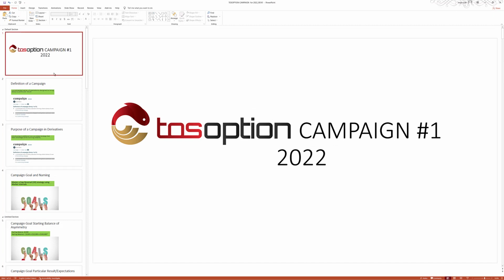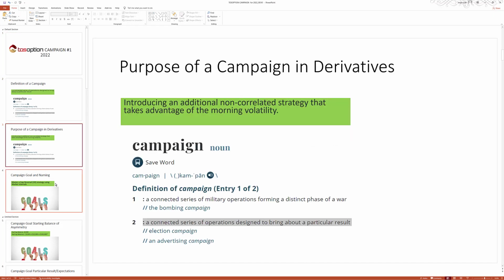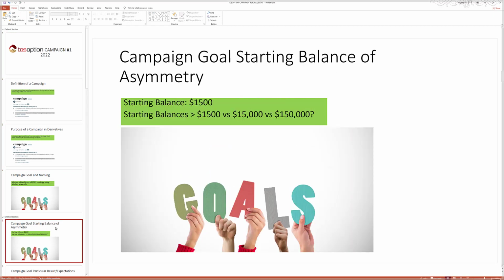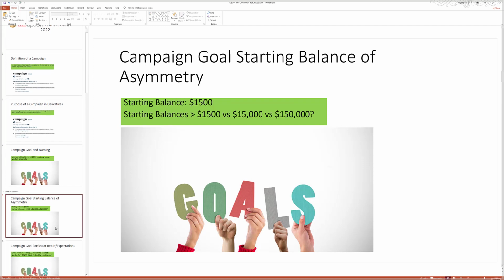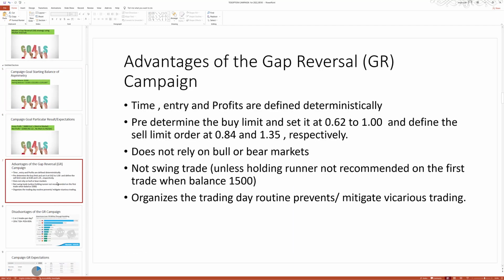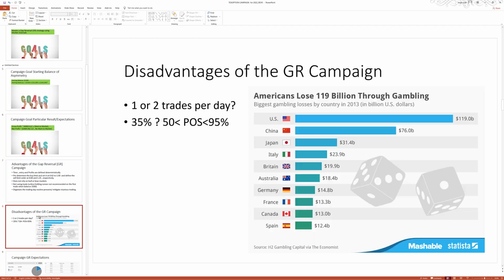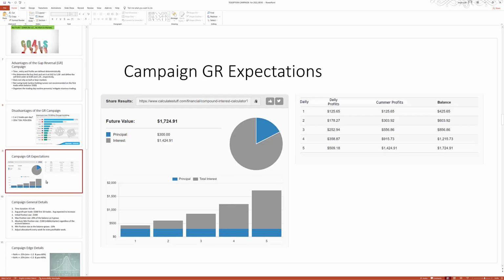And now I've revised it so that you can have a better understanding of what the thought process is for this gap reversal, and know the levels of the strike price that you're looking for. So that's with the trade alerts. And then I went through the expectations, because every goal has an expectation at the end of the time.